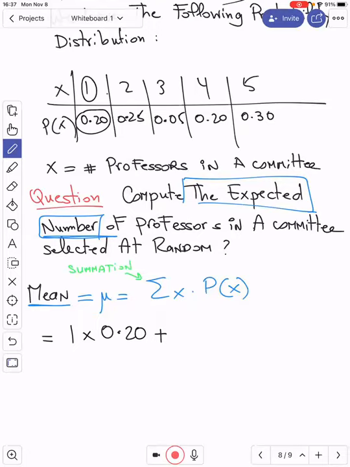So we have a sum here, and x goes from 1 to 5. The next value of x is 2 times, right here. This dot is of course multiplication.